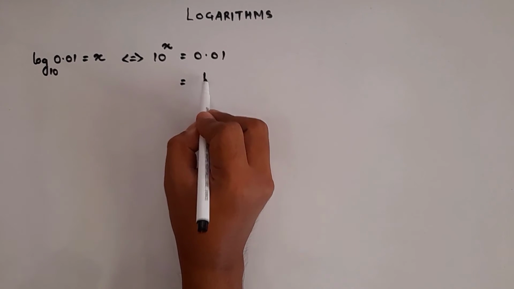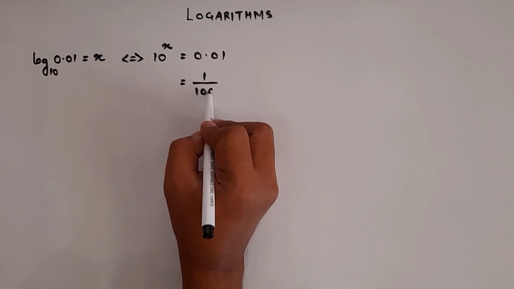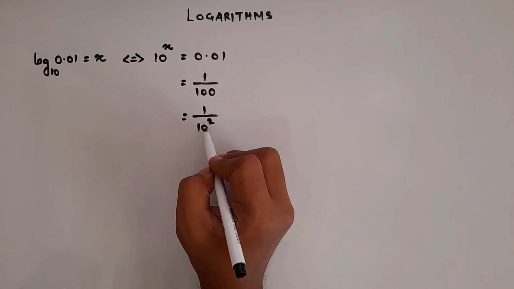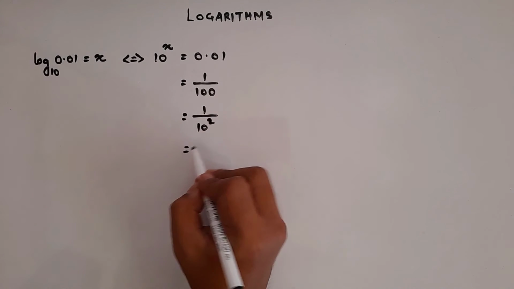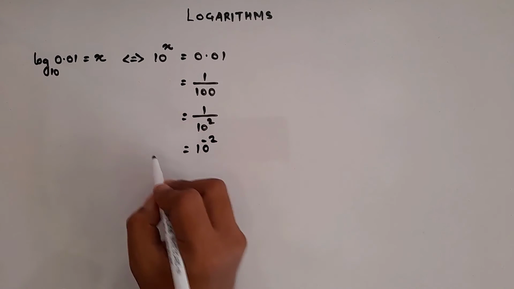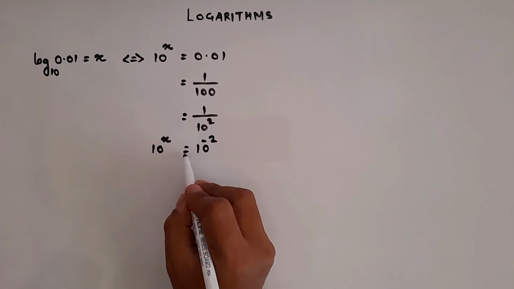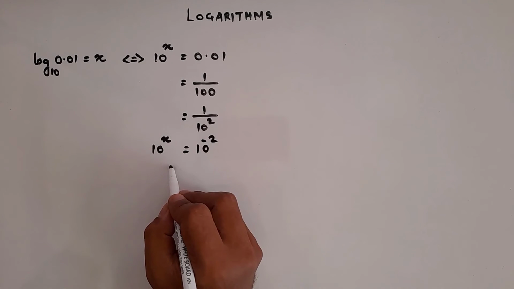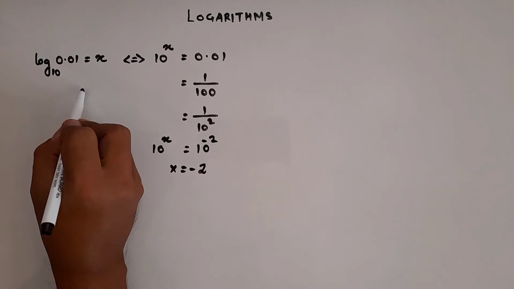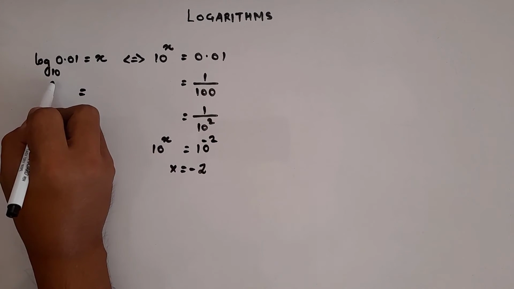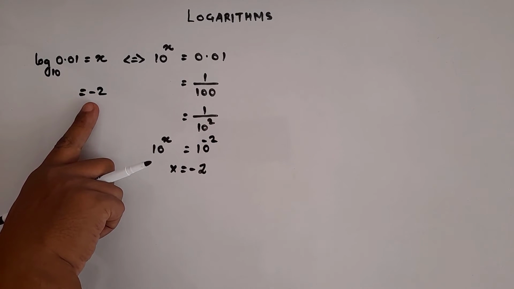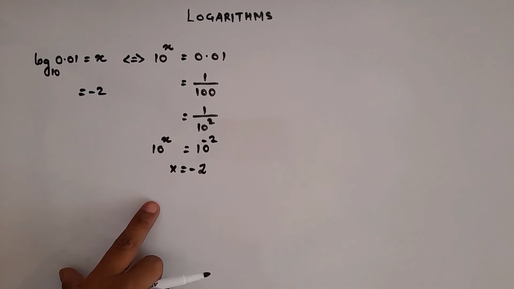That is simply 1 divided by 100, which is 1 over 10 squared if we write it in the exponential form. Now if we take the denominator to the numerator, that should give us 10 raised to the power of negative 2. That means we have 10 raised to the power of x equals 10 raised to the power of negative 2. Then we get x equals negative 2. So the logarithmic value of 0.01 to the base of 10 will be negative 2. So it is possible to have negative values as well, as evident in this particular example.